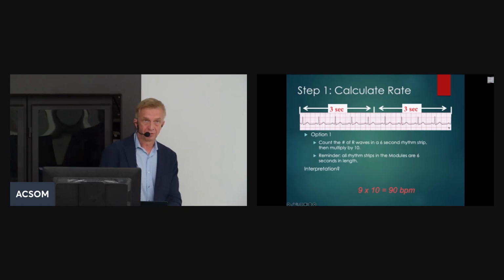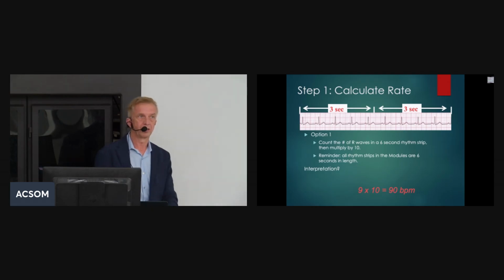Is that clear? It's very important to calculate the heart rate. If you have a regular rhythm, you can calculate the number of big boxes between two QRS complexes and divide 300 by that number. On the regular electrocardiogram that you will review in the afternoon, there is a 10-second rhythm strip on the bottom.